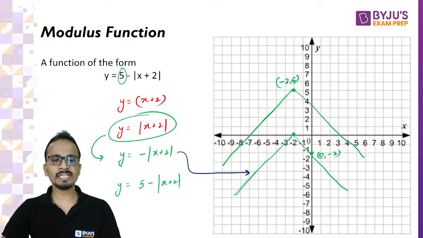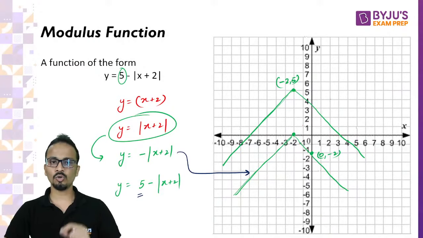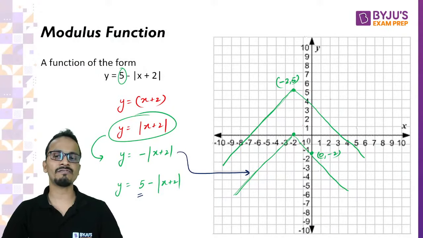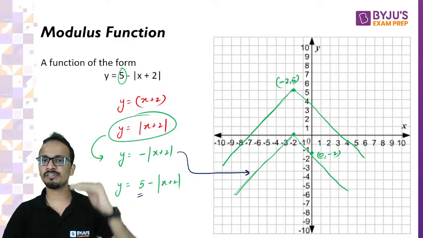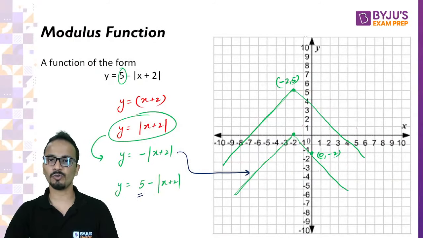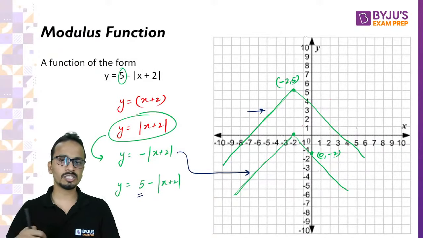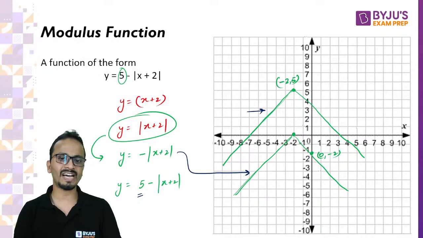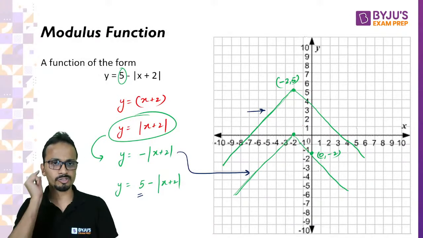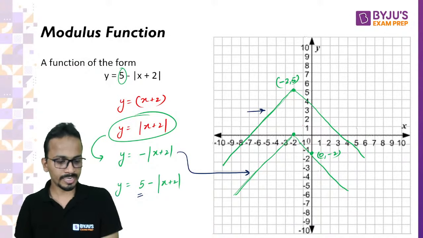After that, I added 5. If you add 5 to the entire function, the graph will shift upwards by 5 units. So the new graph, which is a little above the x-axis, is the final graph of 5 minus modulus of x plus 2.